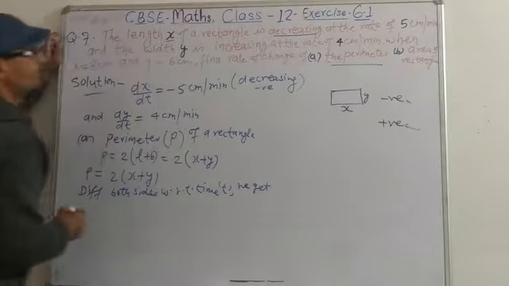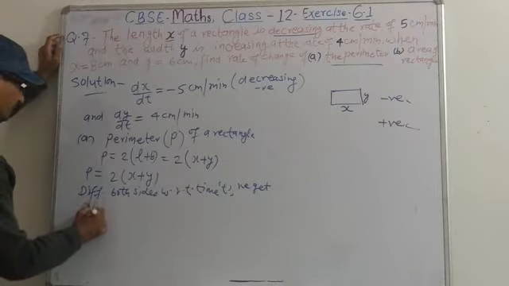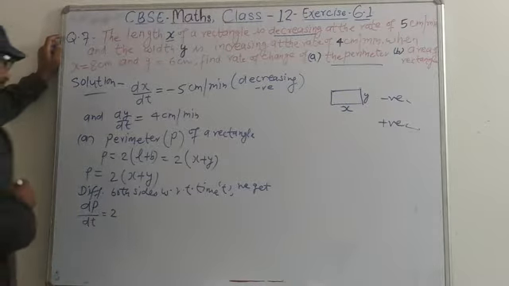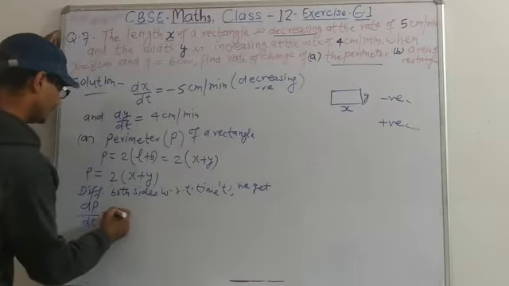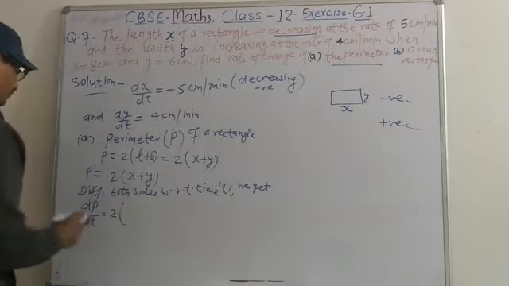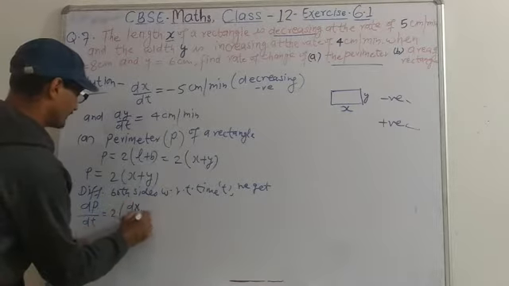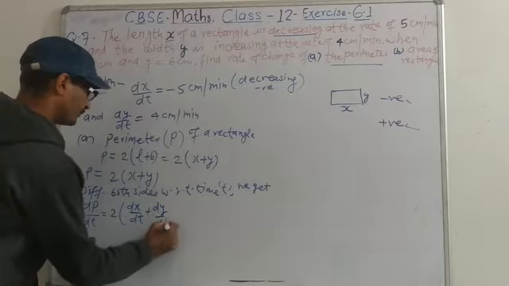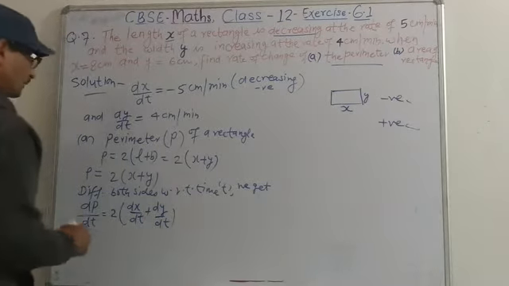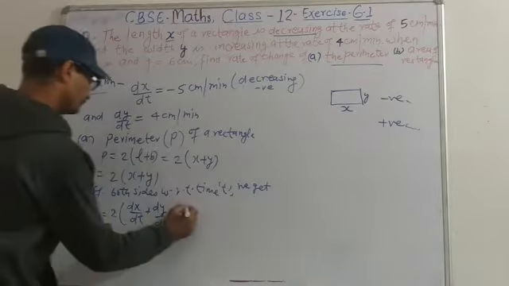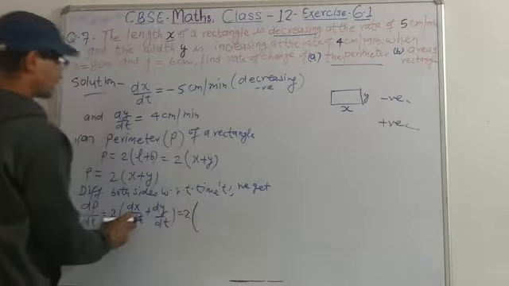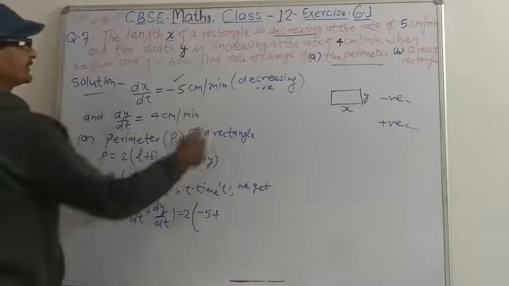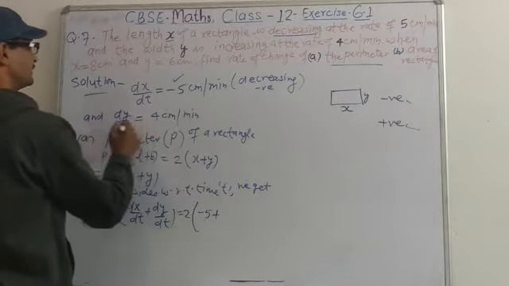We get dP by dt equals 2 is a constant, x differentiated with respect to t gives dx by dt, and y का हो जाएगा t के रिस्पेक्ट में dy by dt. Now 2 into dx by dt, already we have this minus 5, plus dy by dt, rate of change of y, this 4.